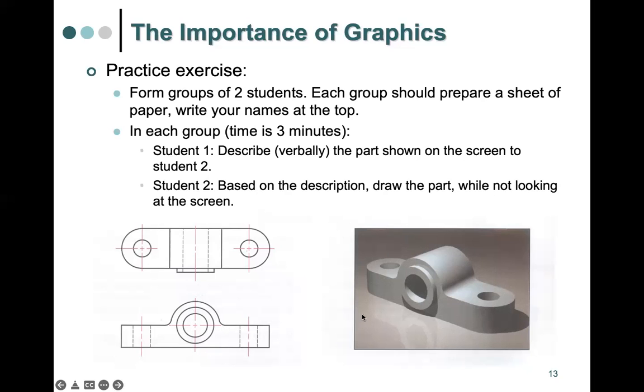From the front view, tampak dari depan, we can't see anything in here. It's just like a piece of metal. But actually, we know that there's a hole in it, something extruded in it. So we can write a dash line, and the dash line tells you there is something inside that you can't see from outside.